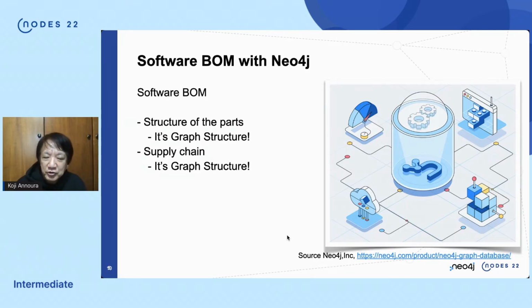Handling this in Neo4j is easy, I think. And supply chain is also a graph structure. So Software-BOM contains two structures: structure of the parts and supply chain. It's very familiar to Neo4j, I think.